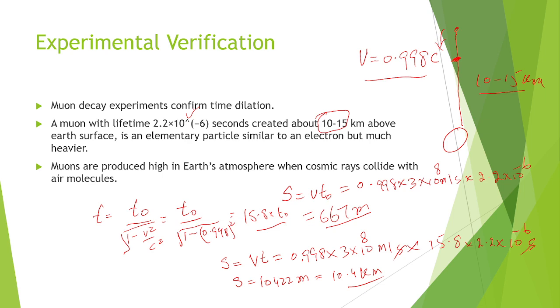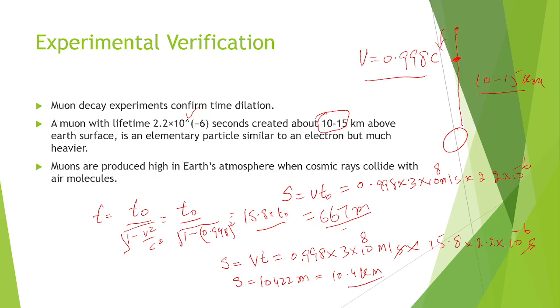Actual time for the muon is this, but time dilates due to the high speed of the muon, and that is why it reached the surface of the earth. Classically it will never ever reach the surface of the earth, because it covers much less than 1 kilometer, while it has to cover at least 10 kilometer to reach the surface. So time dilates for the muon, and that is why it covers distance in this range and reaches the surface of the earth.